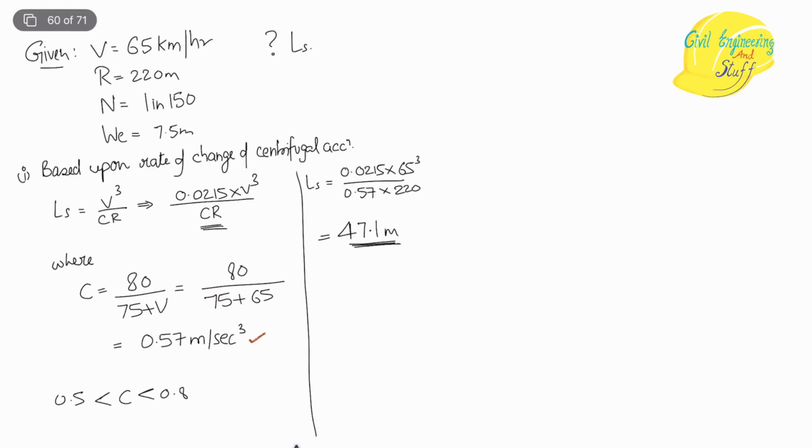This is the first result. Now let us find the length of the transition curve based upon super elevation E. In the question it is given that the pavement is rotated about the central line. So the rate of increase is E by 2.